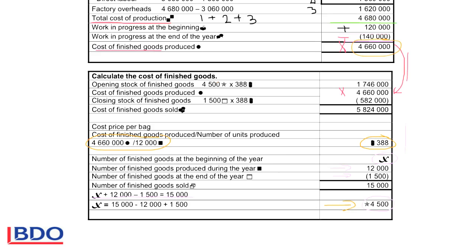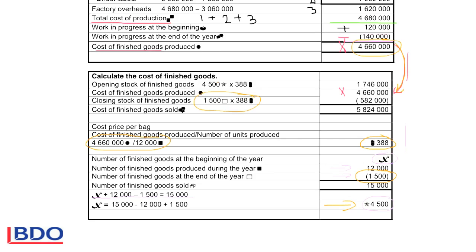The manufacturing cost will give me the cost of finished goods produced. So I just take that from the manufacturing statement. And for the cost of the closing finished goods, they told us that we've got 1,500 left at the end of the year. So the 1,500 times the 388 will give us 582,000.